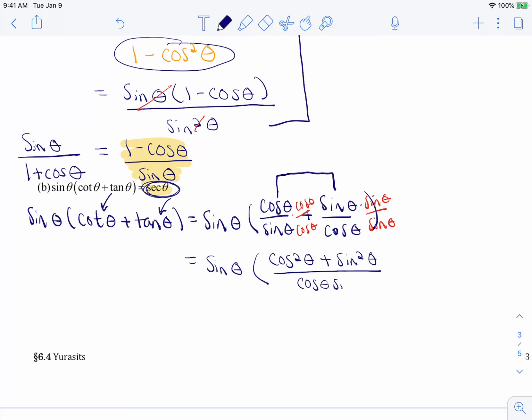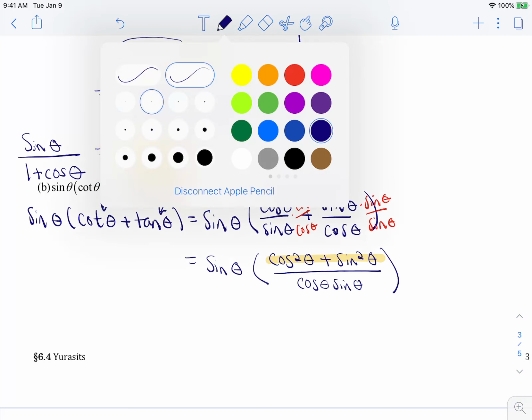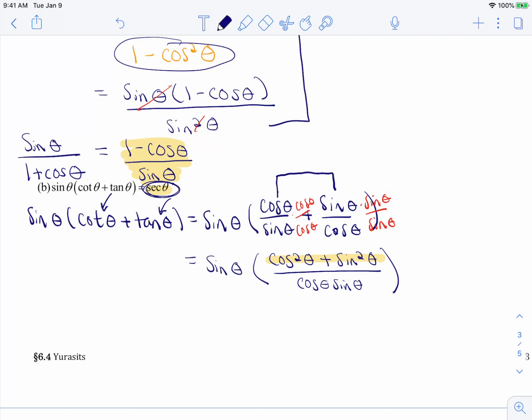Order doesn't matter. Okay, this is where it starts to feel a little fun. Don't deny yourself the fun that is here. This piece, what? That is an identity we know. So I know that equals 1.